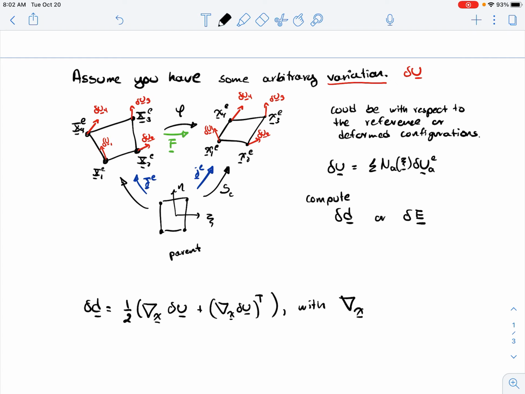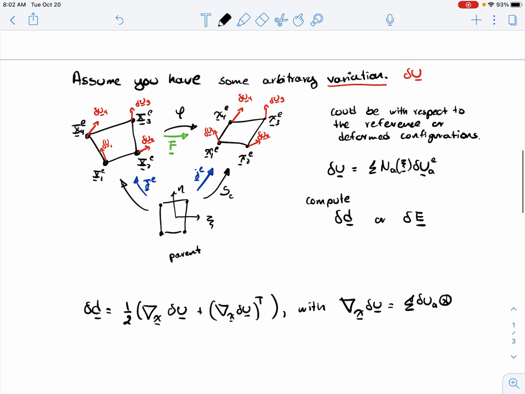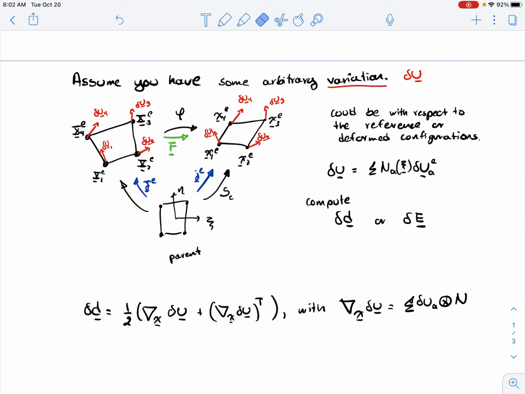How do you compute the gradient? This gradient is just the sum of the nodal values, delta u a, dyadic product with the gradient of the shape function with respect to little x.